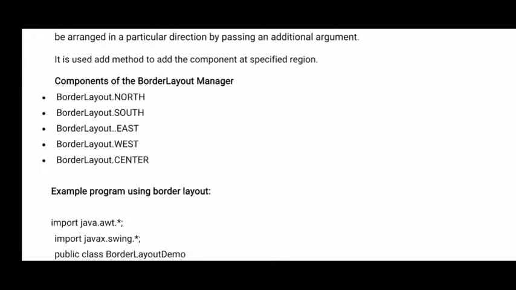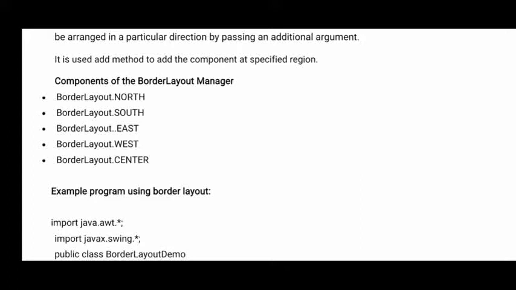One more point you need to see here. The add method is used to add the components at a specified region. If you want to add a component at the north side, you need to add it using BorderLayout.NORTH. Then your element will be displayed at the north position of your frame.